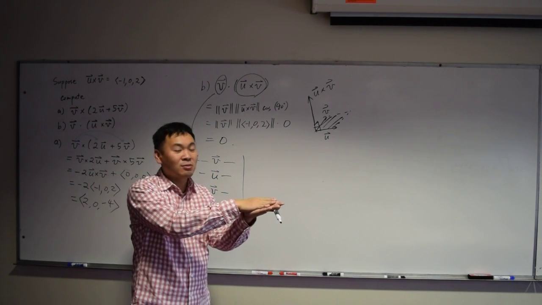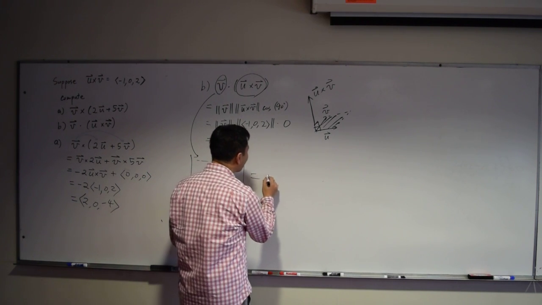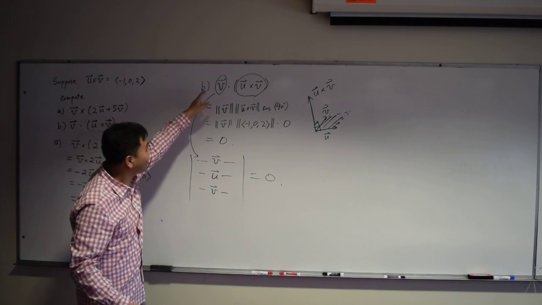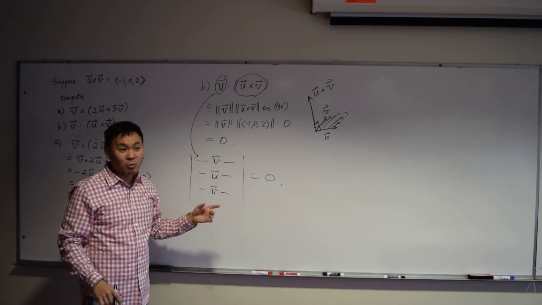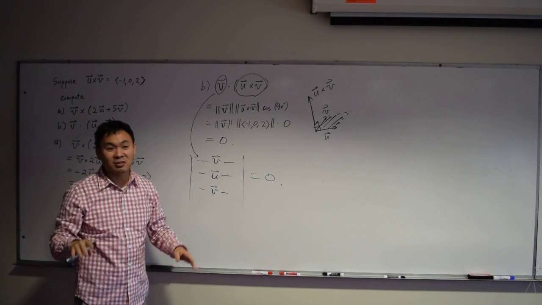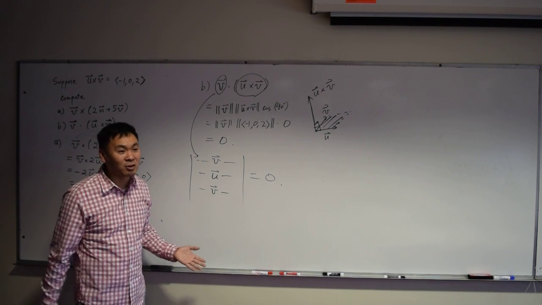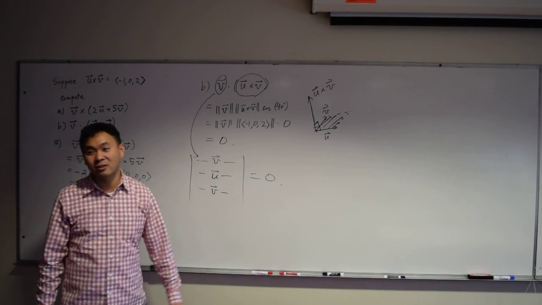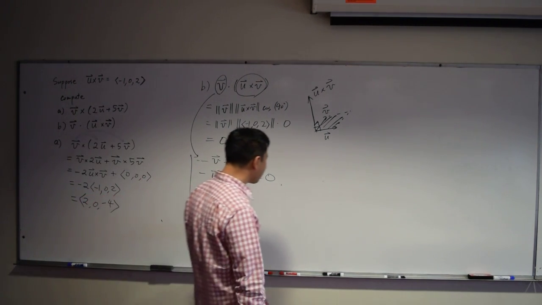What's the volume in that case? 0. So that's another way to intuitively say that this triple scalar product is the volume of a parallelepiped where the three vectors are not giving a three-dimensional object. They're all lying in a plane, so it's a flat object. What volume can it have? Nothing.